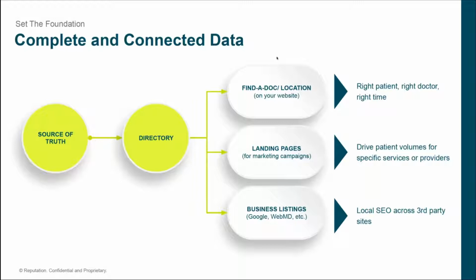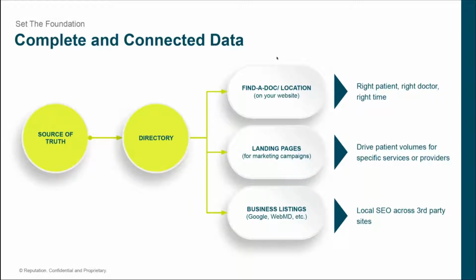So you want to make sure that on all of your third-party listings like Google My Business, WebMD, Vitals, whatever, that you have optimized your data, and that when a new provider gets onboarded or you have to change the hours for a location because you have COVID restricting hours or something, you can make that change in one place. And that one place becomes your directory.